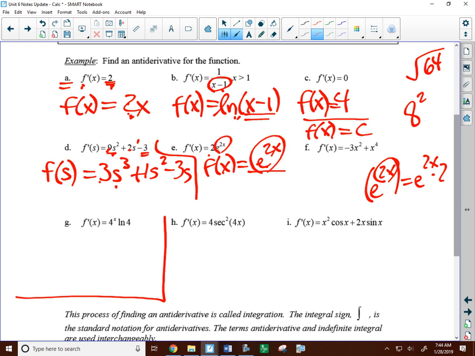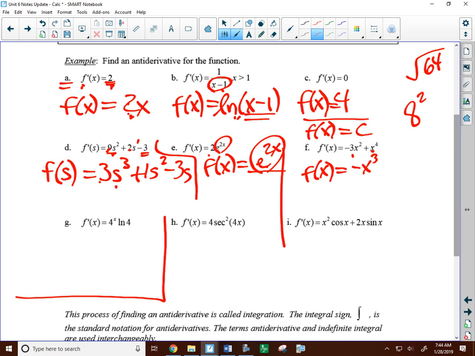Very nice. Here's another power rule one. It's slightly different, especially on the second part. What did you get for negative 3x squared? Negative x cubed.